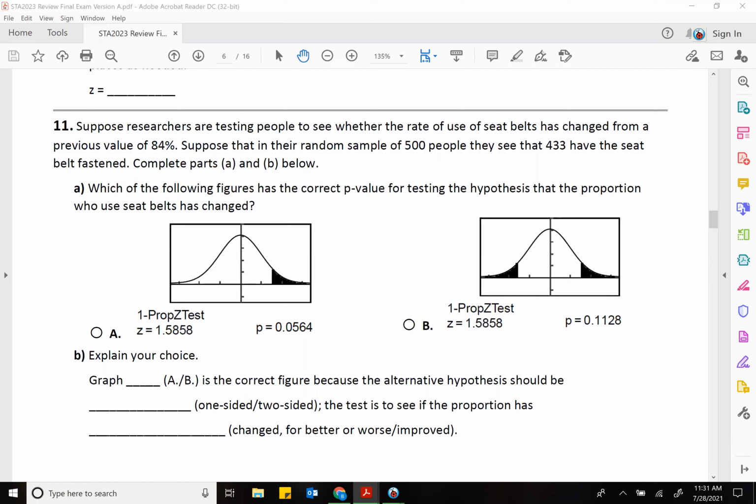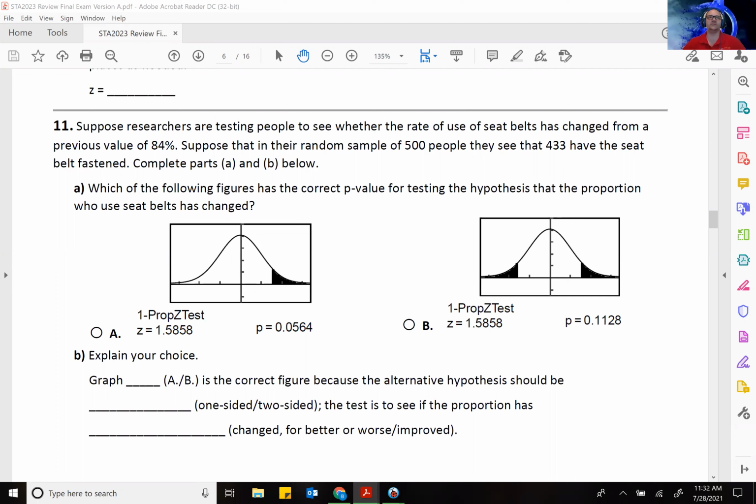B. What's giving it away? The two tails or the two sides, because it's going to allow for us to see the difference or the change, whether it was good or not. Okay, that's right. They're not saying that it has increased. They're just saying that it has changed.